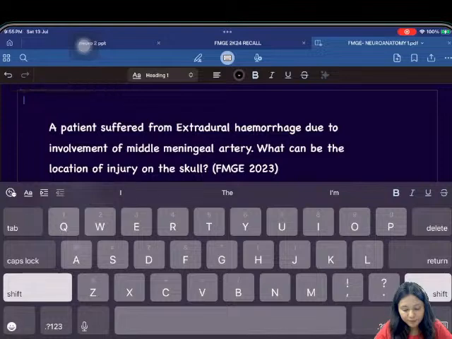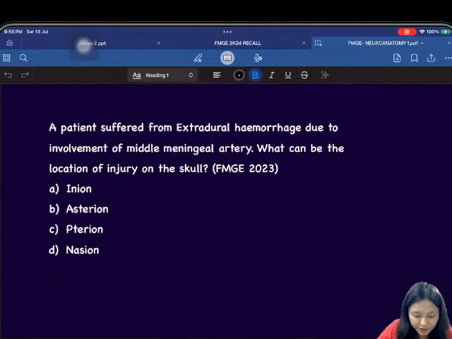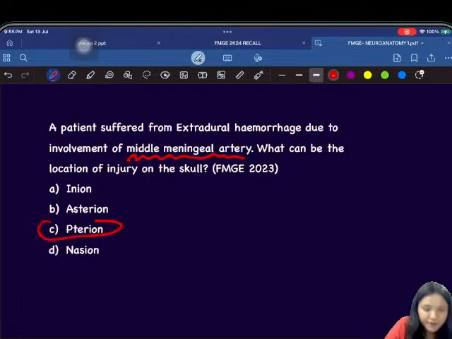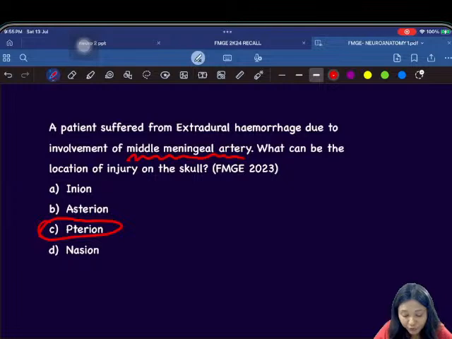So beneath the pterion you have the middle meningeal artery. Next time the question might come on the artery as well. So you have the middle meningeal artery and the location, the answer, is pterion. This question was repeated in 2023. If it did not come in 24, in the December session you might get a question on the pterion as well. The artery is your middle meningeal artery.